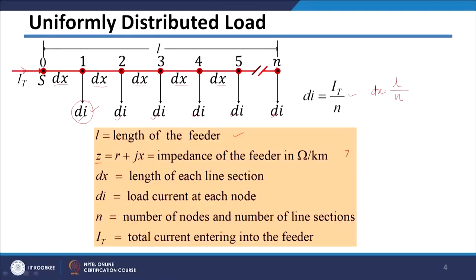The capital Z, capital R and X denote the total impedance, total resistance and total reactance of the feeder. Dx is the length of one section, Di is the load connected at each node, N is the number of nodes in the system, and IT is the total current input to this particular feeder.